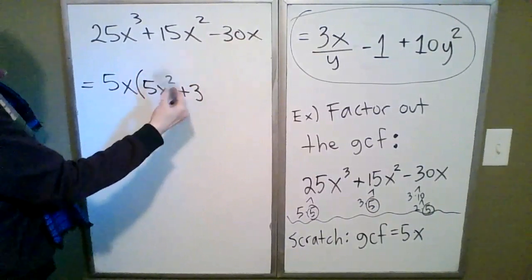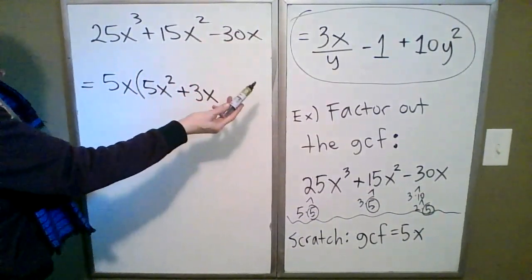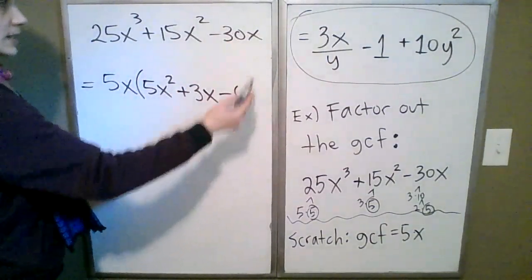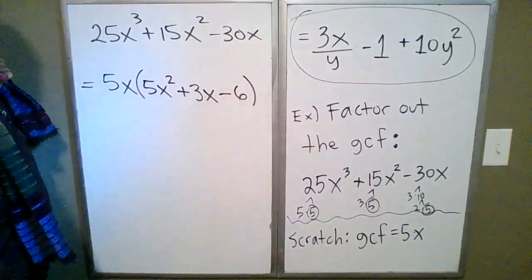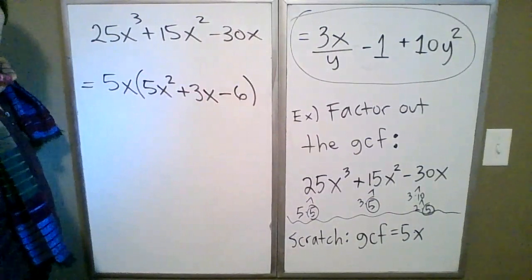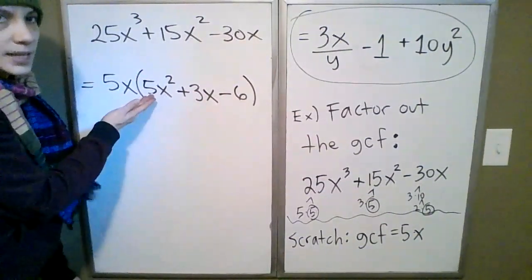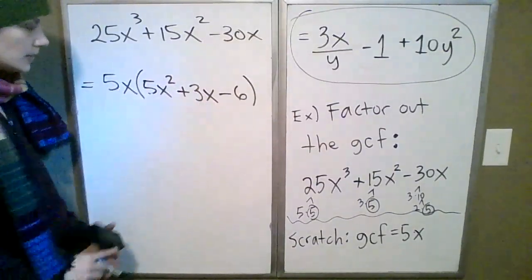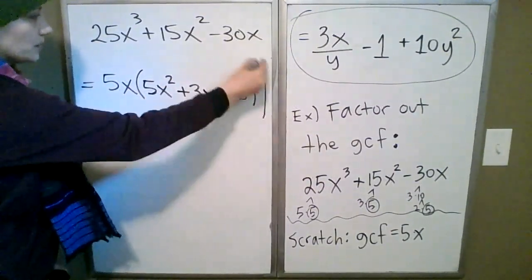Factoring out an x leaves 1x behind. 5, factor out of that last term, leave a negative 6. Then you've got the x out, so that's all that there is. Okay, and then that's the answer. That's the greatest common factor, and we factored it out. And we're done.